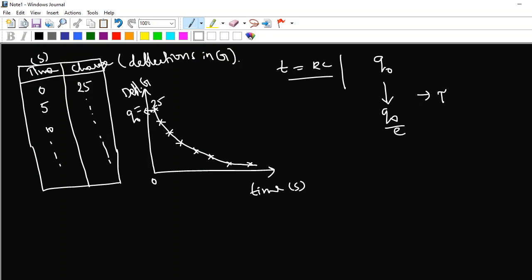So from this curve, calculate Q naught by e. Q naught is 25, so 25 by e, you can calculate how much you are getting. For example, you got some x value here.